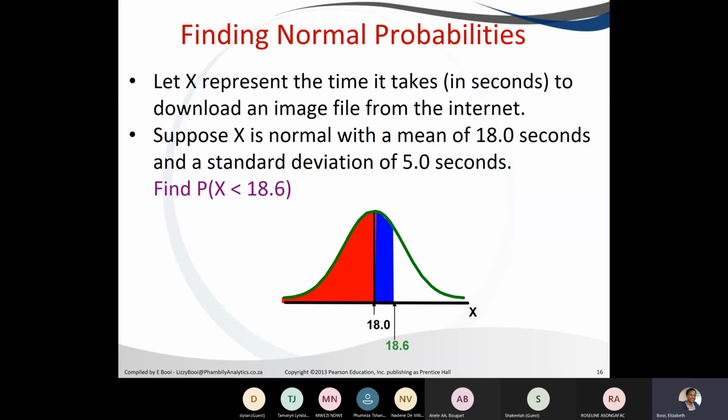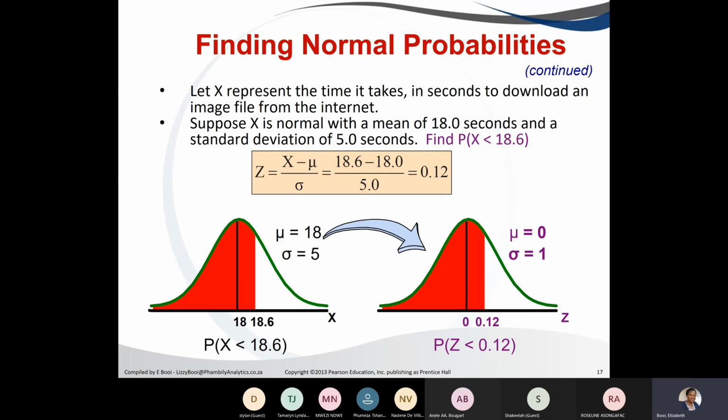So what they're asking is to find the probability of X less than 18.6. And we know that the mean in this instance is 18. So this is our mean. And we are told what our standard deviation is. And we know what our X is. And since it's the probability of the less than, when we calculate the Z value, the probability we find on the table will be our probability. How do we do that?